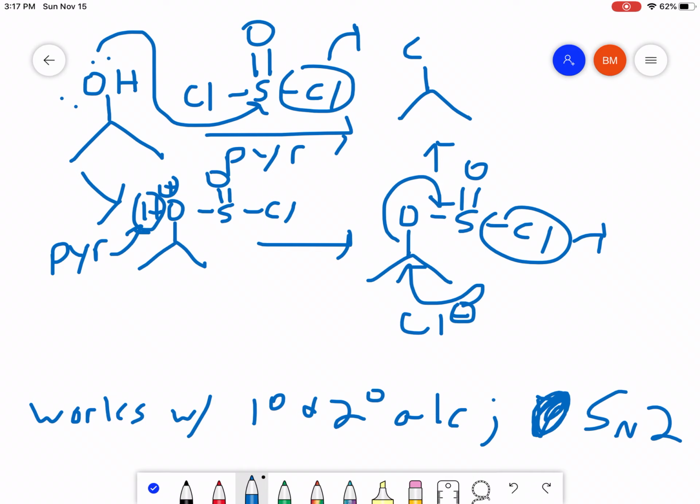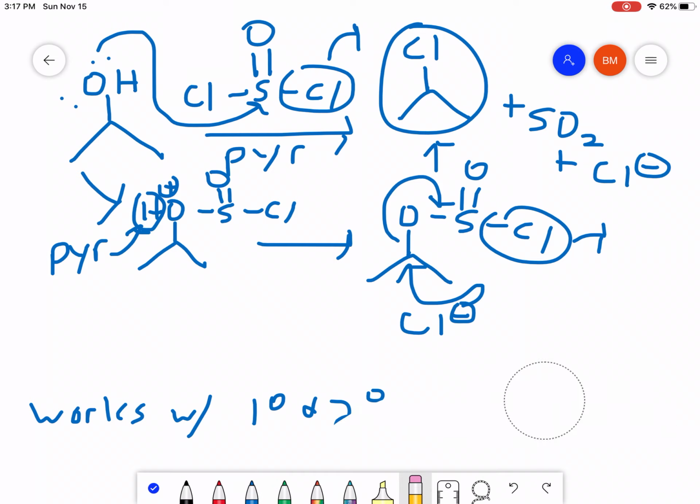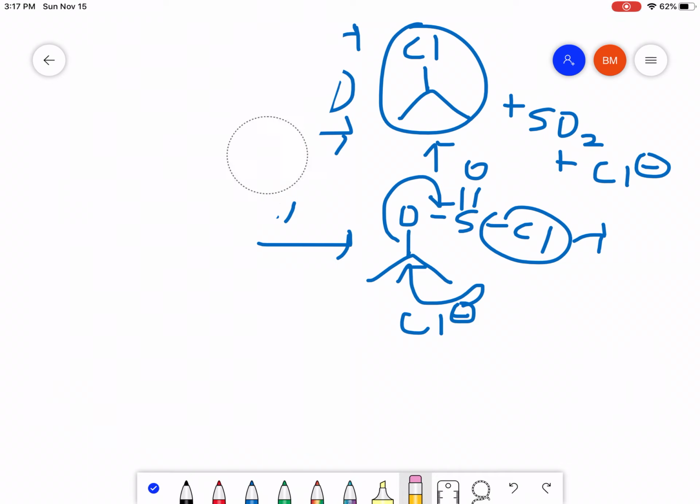But you end up with your alkyl chloride, as well as SO2 and Cl minus as byproducts. It only works with primary and secondaries. It's SN2, so you don't have to worry about rearrangements. And that is specifically for alkyl chlorides.